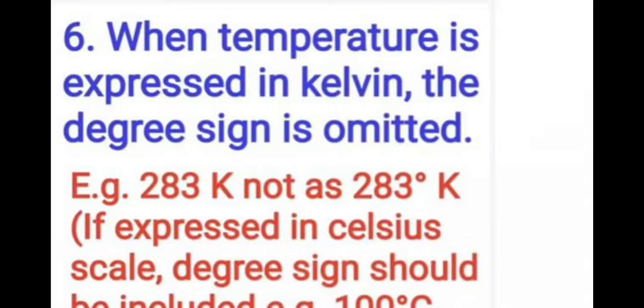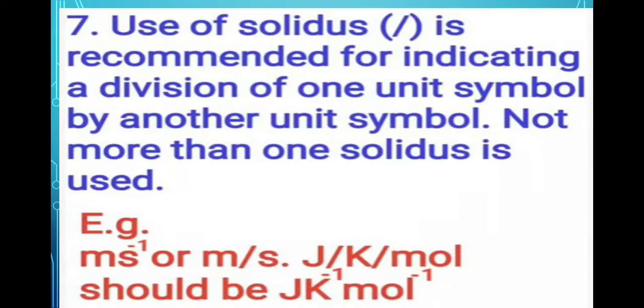If we want to express in Celsius scale, degree sign should be included. For example, 100 degree Celsius, not as 100 degree centigrade. And 108 degree Fahrenheit, not as 108 F. Use of solidus, meaning slash, is recommended for indicating a division of one unit symbol by another unit symbol.